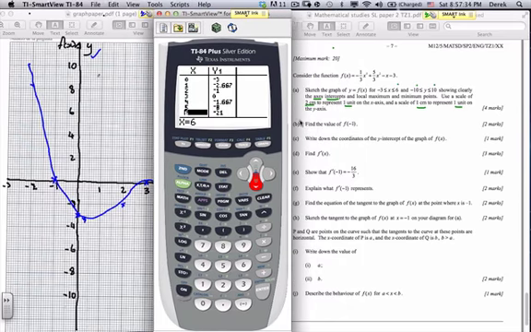Then for B, it says find the value of f(-1). So here we're going to have to put in -1 into this. So it's going to be f(-1), and we're going to put this all the way in over here.